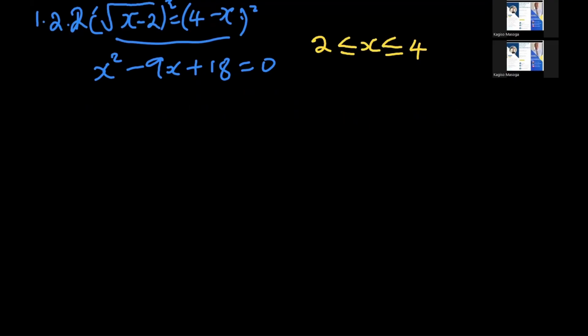Now what we're going to do here is factorize. We need the values of x. Remember, we are solving the equation. So this is what we're going to get here: I have an x here, and I also have a minus 6, and minus 3 as well.